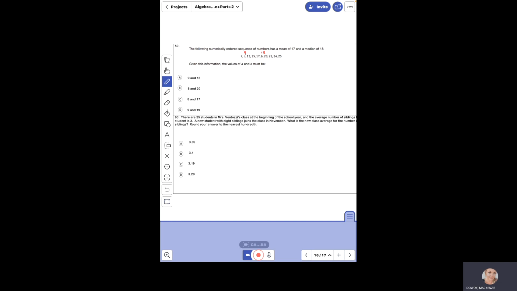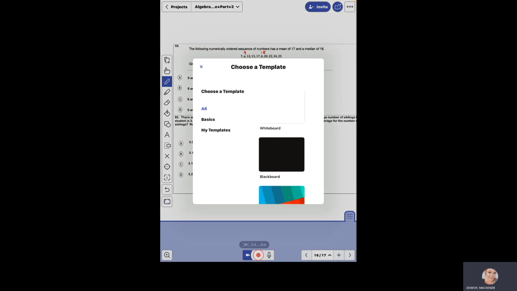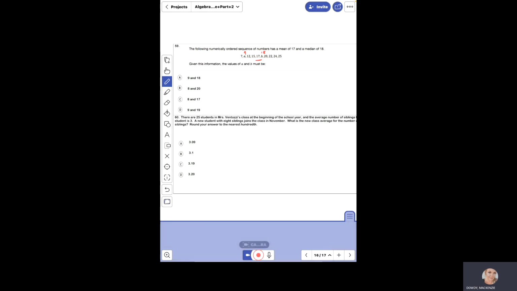Just by looking at this, we have two middle numbers, and the median is 18.